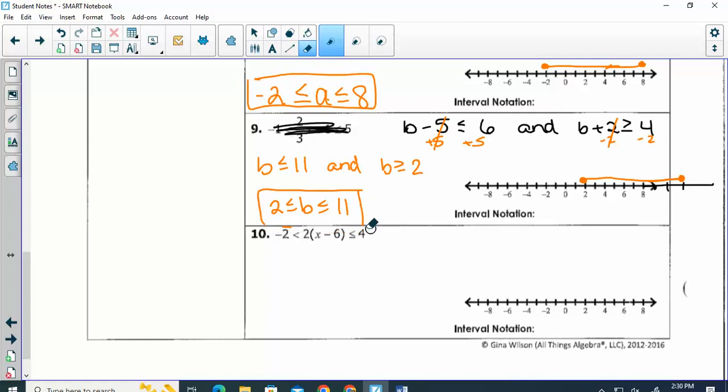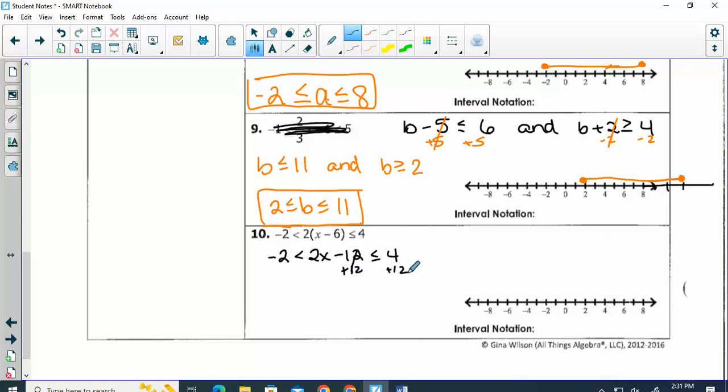Okay, let's look at problem 10. So, what do you want to do first? Okay, negative 2 is less than 2x minus 12, which is less than or equal to 4. And then what? So 10 is less than 2x, less than or equal to 16.